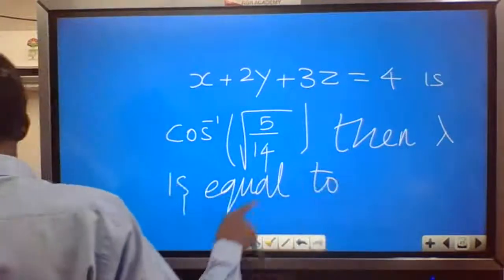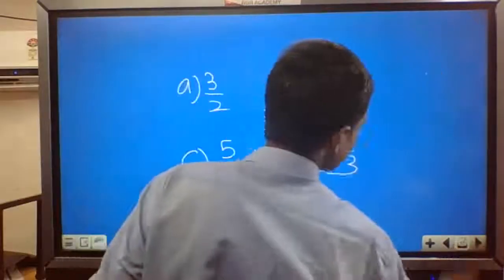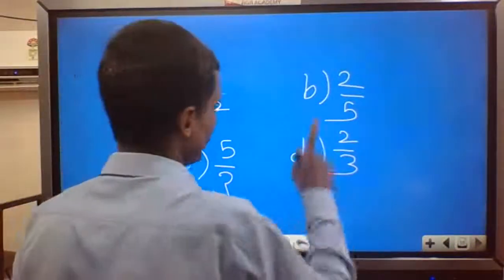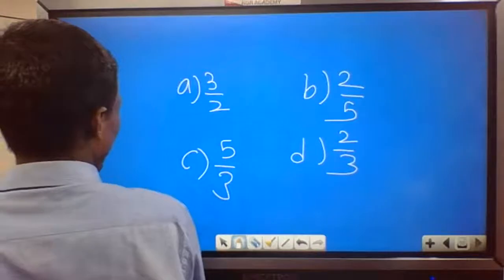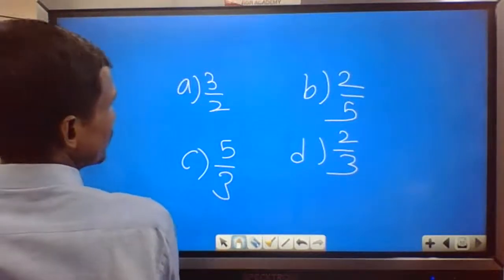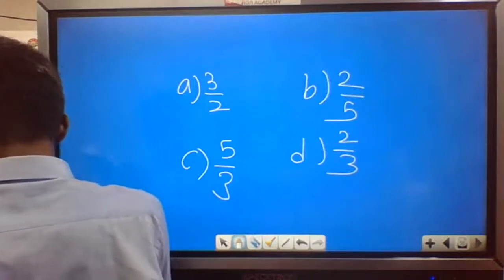Then lambda is equal to what? A equal to 3 by 2, B equal to 2 divided by 5, C equal to 5 by 3, and D equal to 2 by 3.